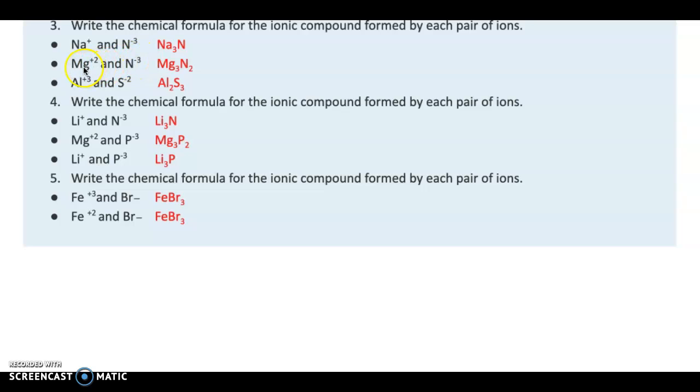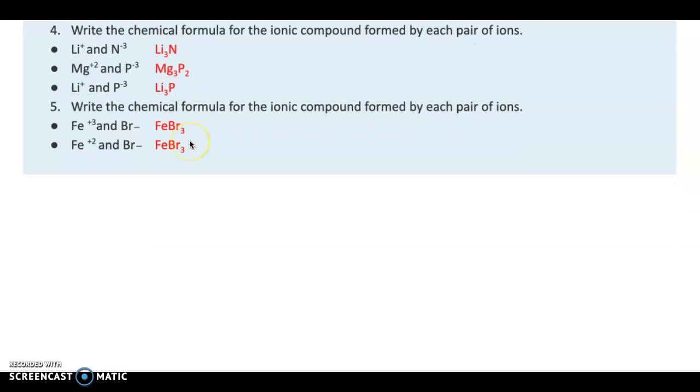Criss-cross. So magnesium gets 3 from nitrogen and nitrogen gets 2 from magnesium. Therefore, here's the formula. Aluminum and sulfur. Aluminum gets 2 from sulfur, no charge. Sulfur gets 3 from aluminum, again, no charge.